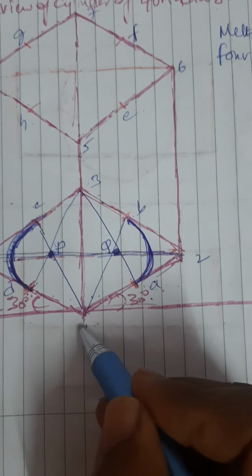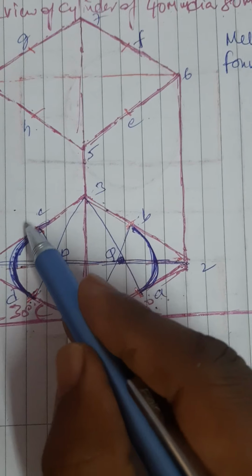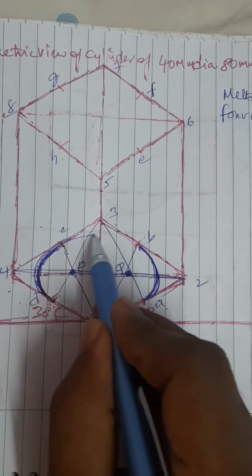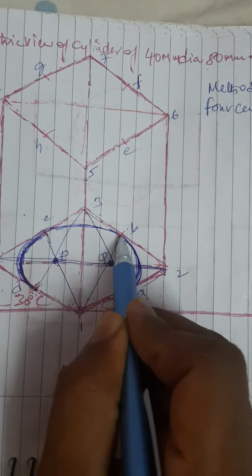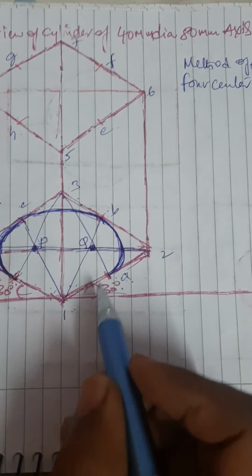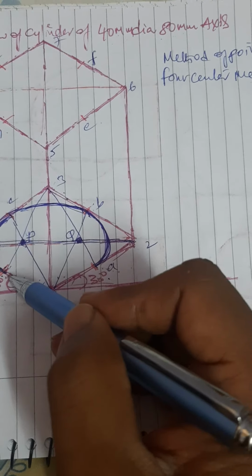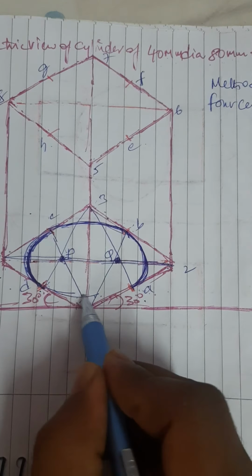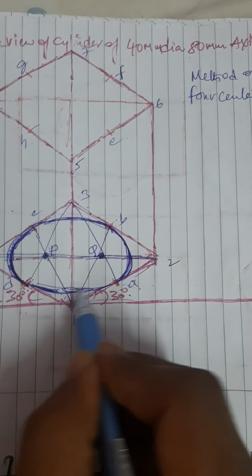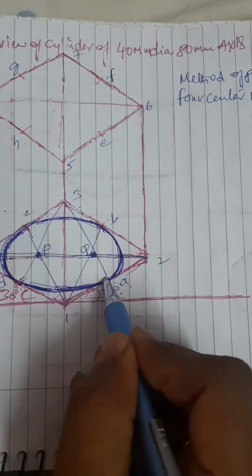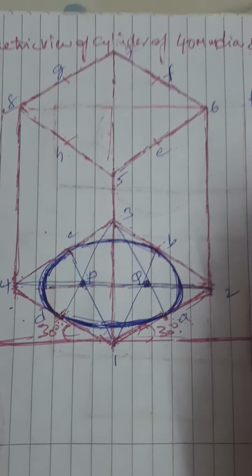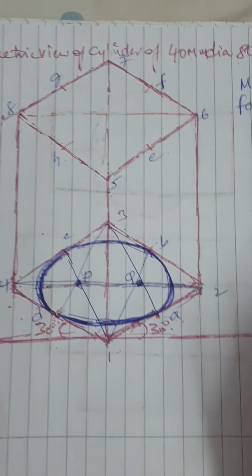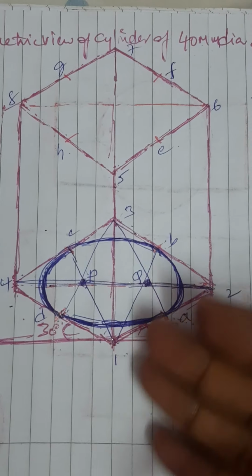Got it? Now with 1 as center, 1B or 1C as radius, draw the arc. Next with 3 as center, 3A or 3D as radius. So just transfer the bottom face of the standing cylinder as the bottom face of the isometric view.